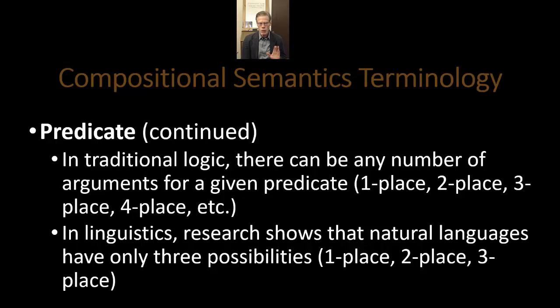In linguistics, since we're interested in natural languages, what we find is that there are only three possibilities: one-place predicates, two-place predicates, and three-place predicates. A one-place predicate corresponds typically to an intransitive verb or to an adjective. A two-place predicate usually corresponds to a transitive verb, and a three-place predicate to a ditransitive verb.